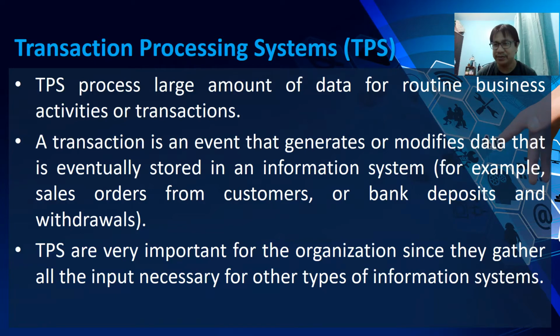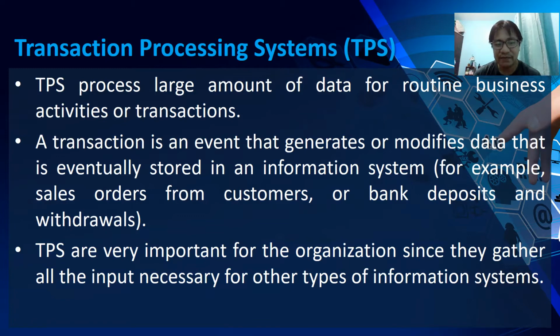What takes longer in a transaction is the line, the waiting line, because you are not the one processing. But when your data is processed, it is very fast. In reality, it is the queue that takes long, especially right now with social distancing, so we need to be patient for that.